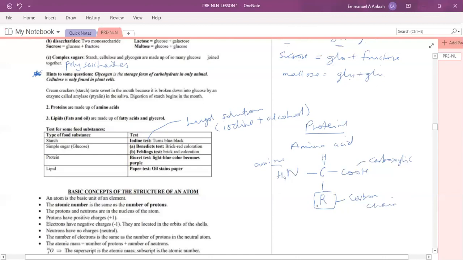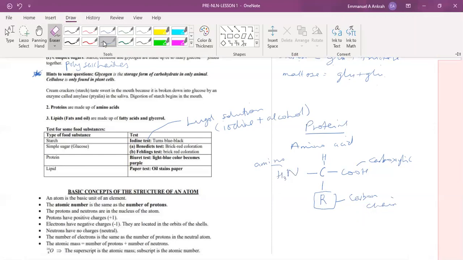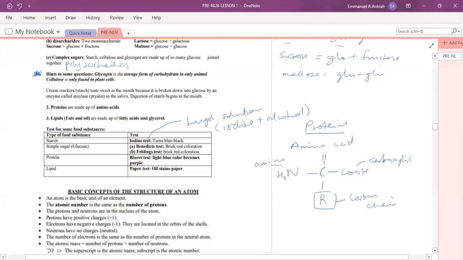And this is what changes in amino acids. So this one varies. The R group, that's what changes.